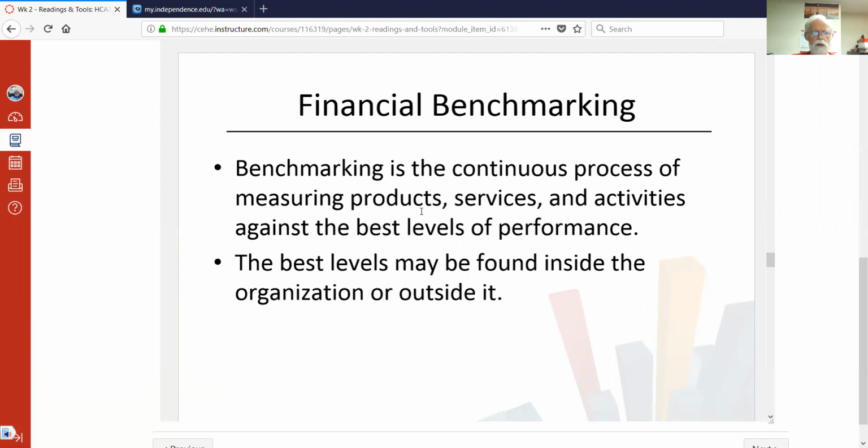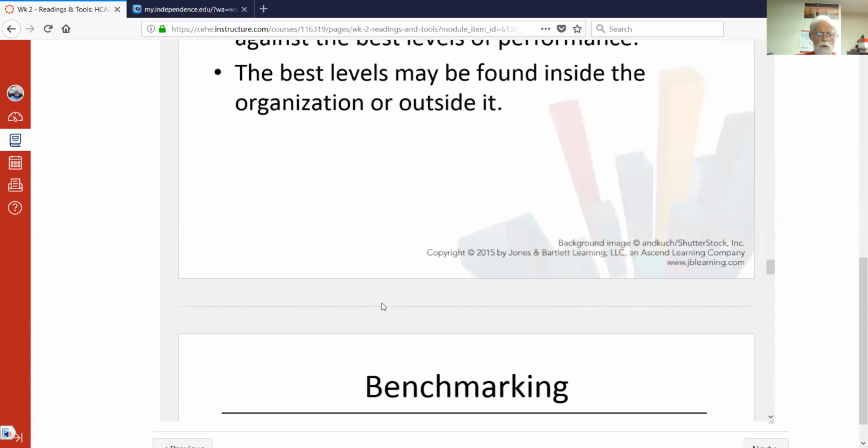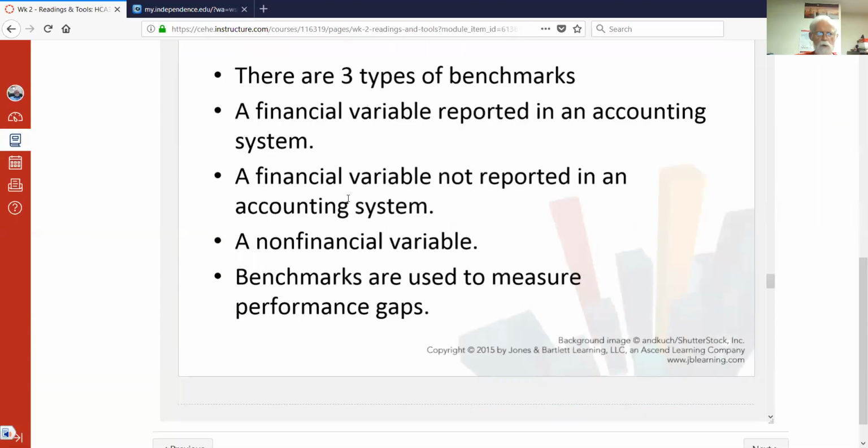looking at the products and activities, services, revenues, expenses, and so forth against our best levels of performance, either within or outside our organization. We can look at financial benchmarking and non-financial variables. Usually benchmarks are used to measure performance gaps.